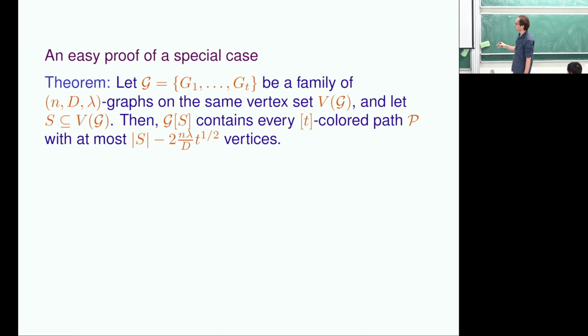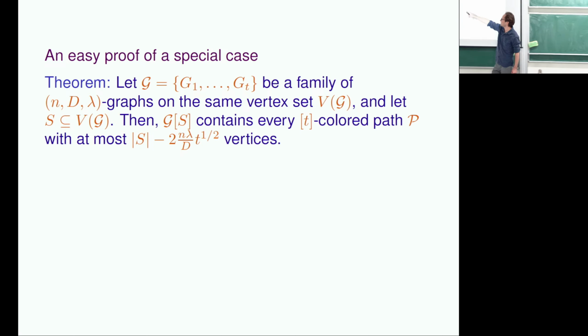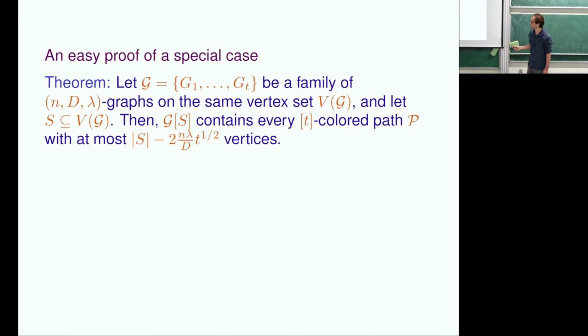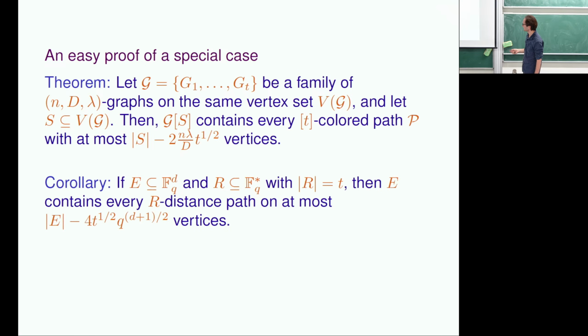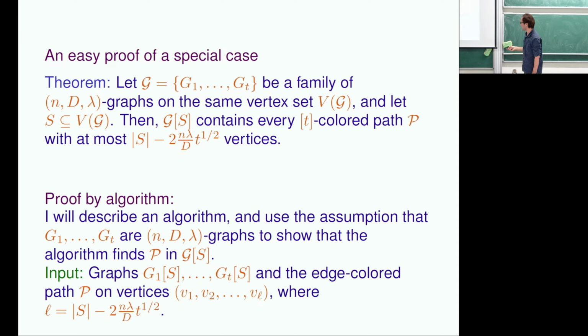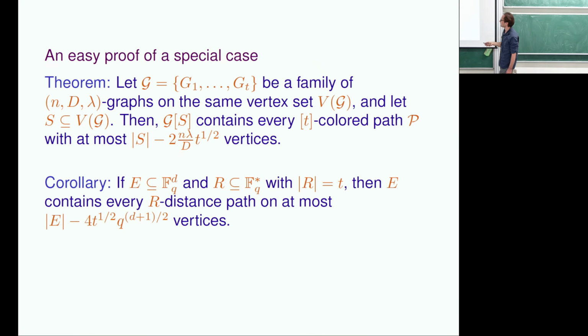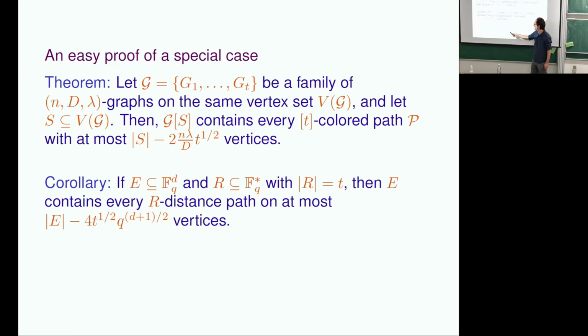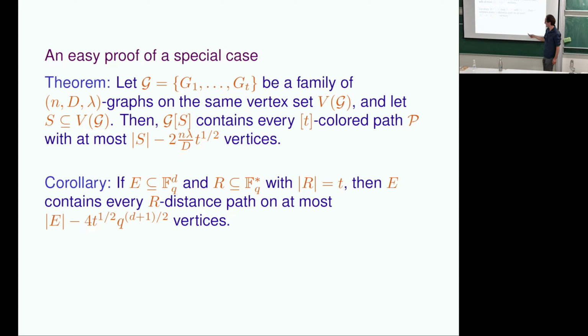If you look at the constant, this constant is a bit better than what we're claiming, but the theorem is only for paths instead of for arbitrary trees. So if you plug in the bound on lambda that was proved by Iosevich and Rudnev, then this is the threshold that we get.